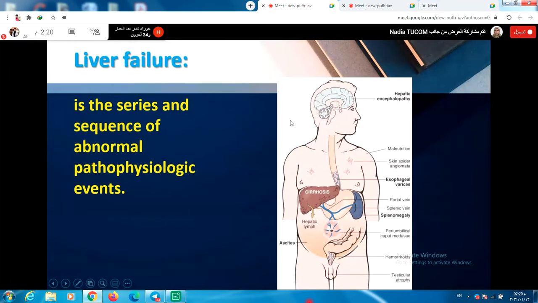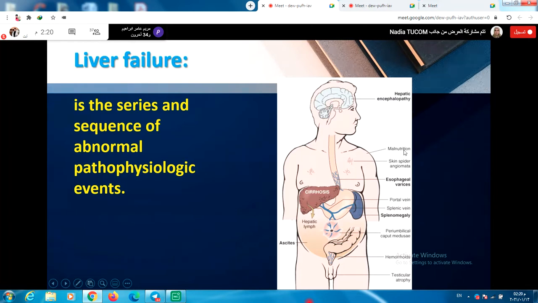Liver failure consequences: liver failure is a series of consequences of abnormal pathophysiologic events. Hepatic encephalopathy results from elevated ammonia and associated cerebral edema with impairment of cerebral function, manifested as loss of consciousness, disturbed consciousness, blurred vision, and so on.